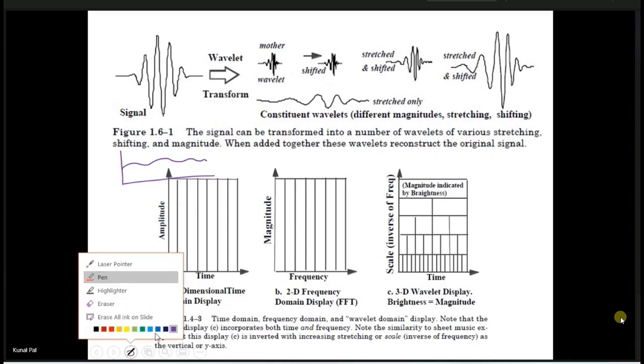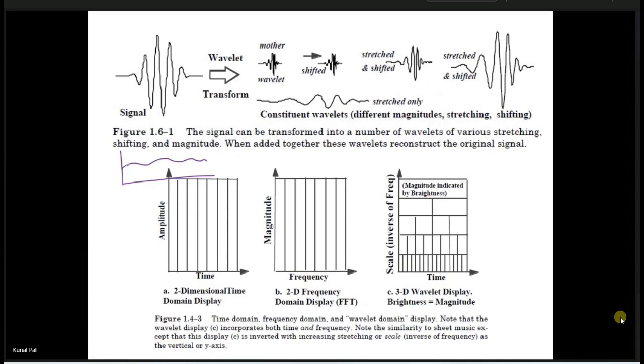So we analyze the signal over here, do the correlation, and then we shift the window to the next instance. So say it is 0 to 1, then we move the window to 1 to 2, then 2 to 3, and so on. In this way we start moving this mother wavelet and we get the results.